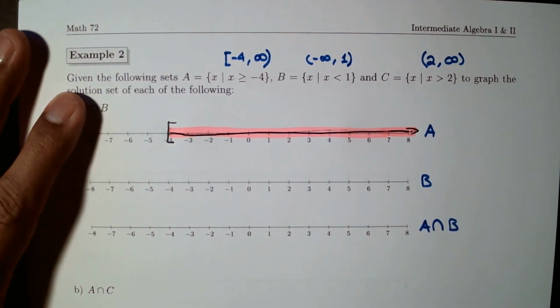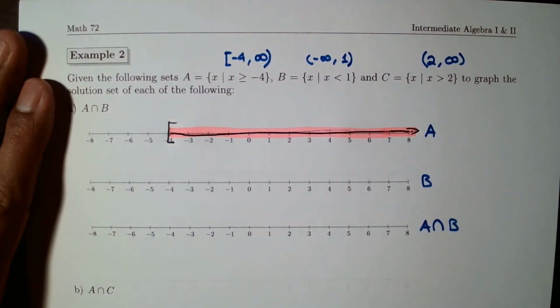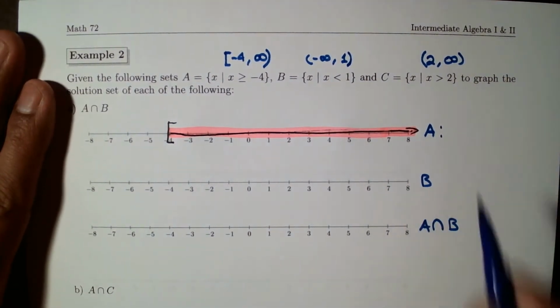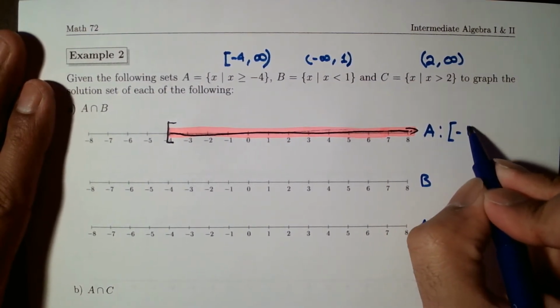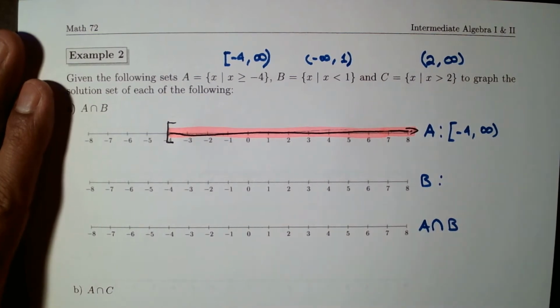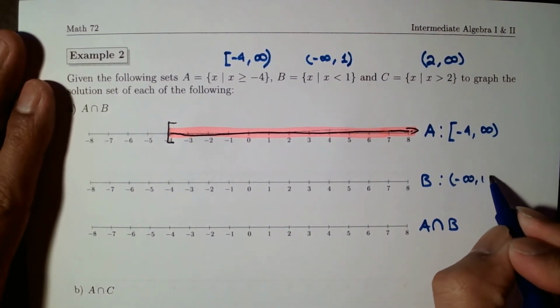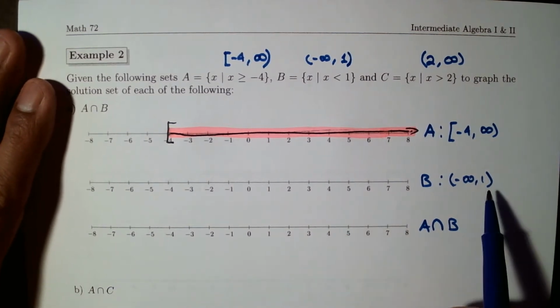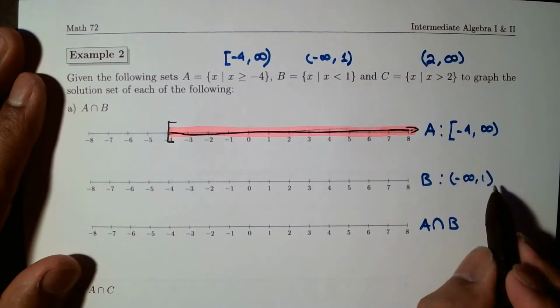And set B, what did we say about set B? Negative infinity to 1. Actually, it would help if we rewrite them again, just so you can see what we are doing and where these are coming from. Negative infinity and 1. So for B, all the numbers to the left of 1. However, careful, look at the number 1.